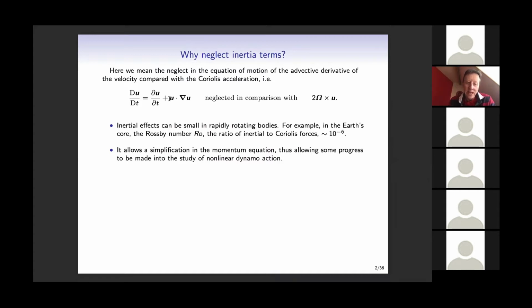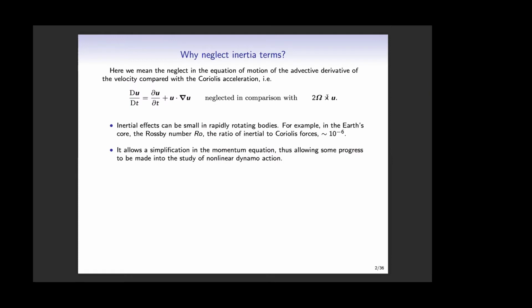It's the neglect of both acceleration terms in the equation of motion. So we're going to neglect the whole total derivative of the velocity, both terms du by dt and u dot grad u, in comparison with the Coriolis term. As we'll see, the left-hand side of the equation of motion, of course, will have no time derivatives, and that's significant.